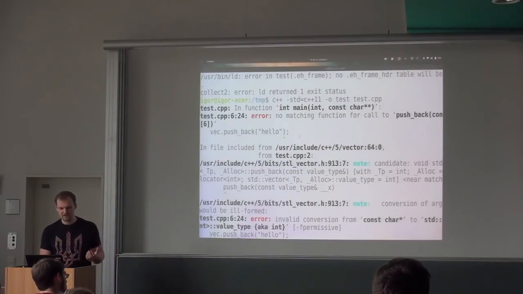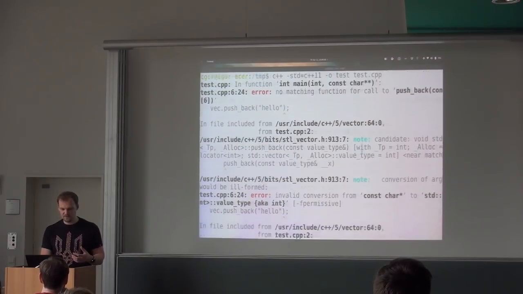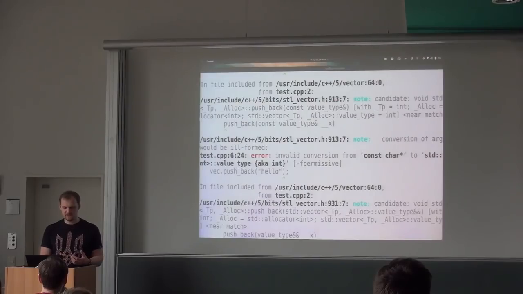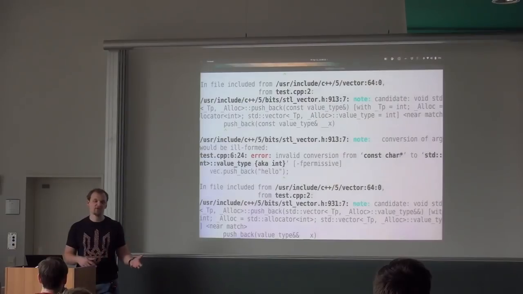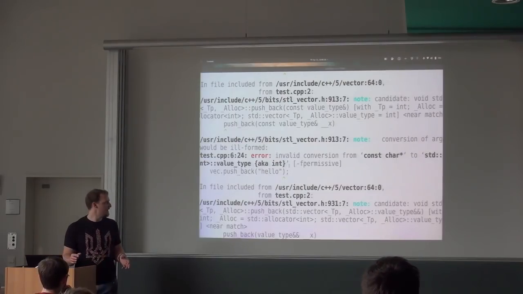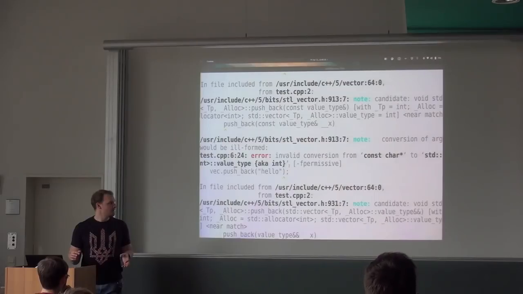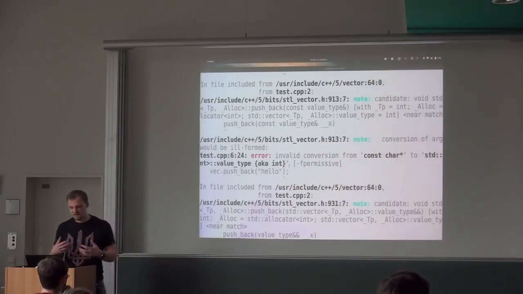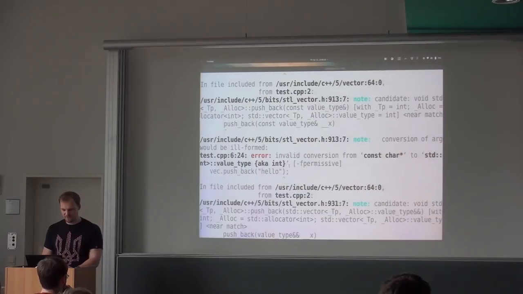And this is why it says there is no matching function. And what you need to know is that at this point, it says invalid conversion from const char*, which is kind of an internal representation of a string, to an integer. There is a lot of boilerplate text over here, and again, it takes some time to get used to, but I believe you will.